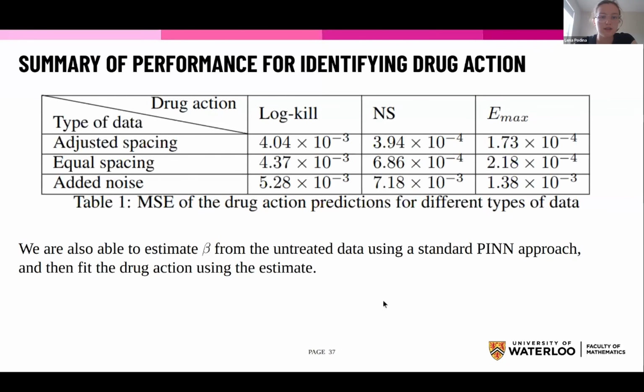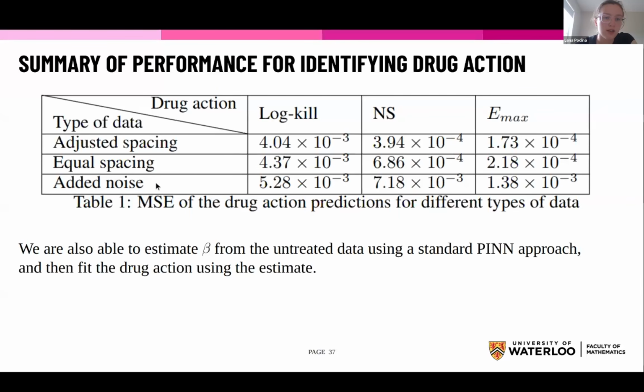So here is a summary of our performance for identifying the drug action. Again, there are 3 different ways that we generated data. There's a case where we adjusted spacing, where I adjusted it for the slope. There's equal spacing, where the data was collected at a constant rate in time.